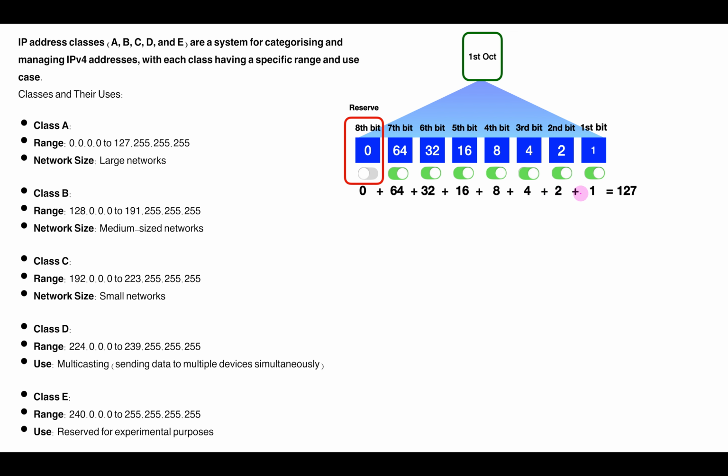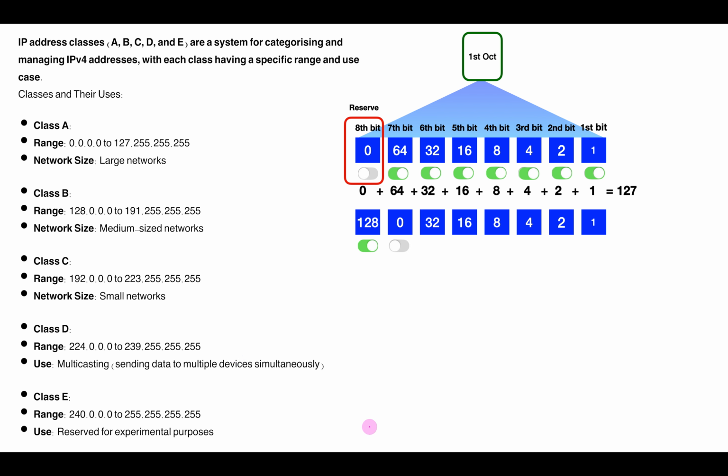So the maximum it can go is 127, because the last bit is reserved by turning it off. When every bit is off, the value is 0, and the maximum is 127. That's why the class A range is from 0 to 127.